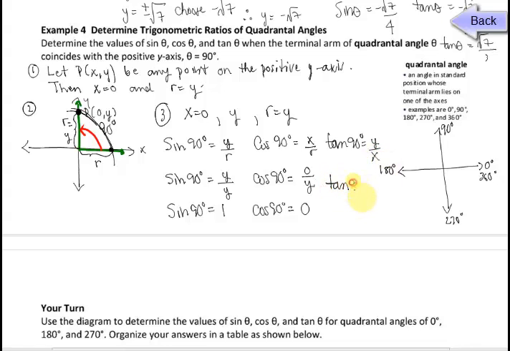Okay, so tan of 90 degrees, well, y stays as y, but x is equal to 0, so tan of 90 degrees then is y over 0, which you know is undefined. Okay, so these are your trig ratios for 90 degrees. Sine of 90 is 1, cos of 90 is 0, tan of 90 is undefined.